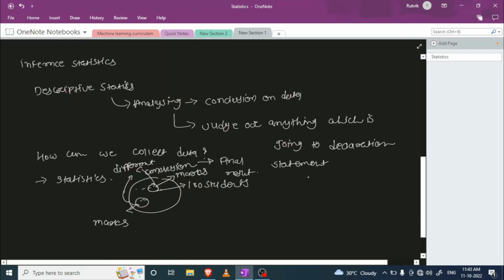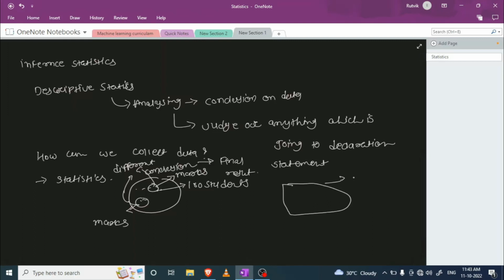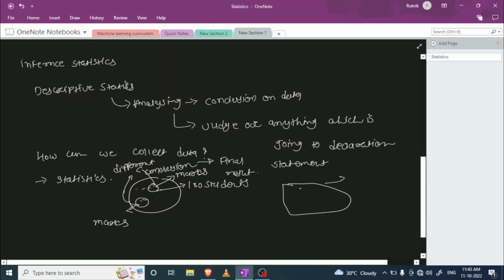Suppose in India there has been an election in one state, and you want to identify the exit poll. How does an exit poll work? You ask some people in one corner of the state and get a result from this population that party 1 will win.